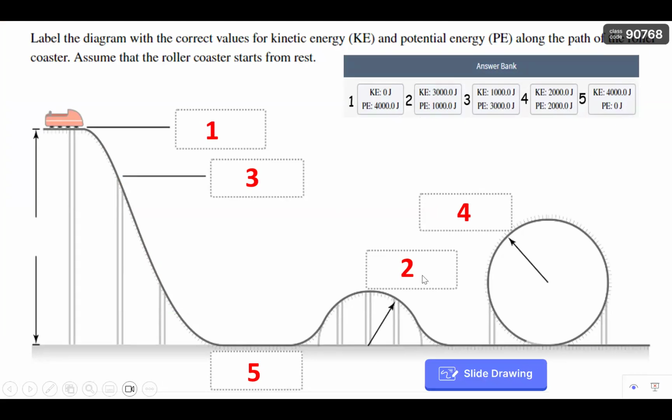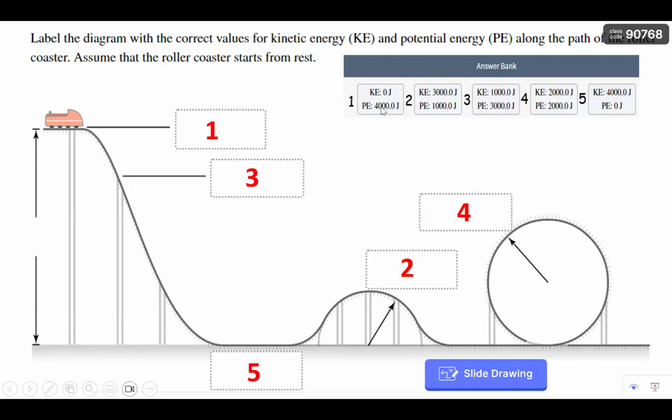And then next, I'll increase slightly to 1,000 joules, which is number 2. And lastly, I'll reach an even higher height, which is 2,000 joules, number 4. If you notice a trend, the total amount of energy at 1, 3, 5, 2, 4 will always equal 4,000 joules, but it's just converted between gravitational potential energy as well as kinetic energy.